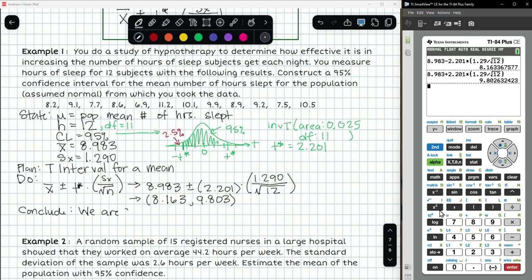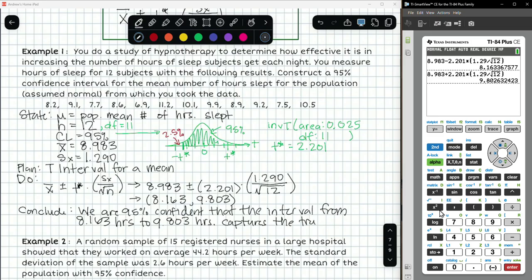We are 95% confident that the interval from 8.163, and this was hours, to 9.803 hours captures the true, and then I'm going to copy that population parameter I defined at the beginning, which is the population mean number of hours slept. So true mean number of hours slept.